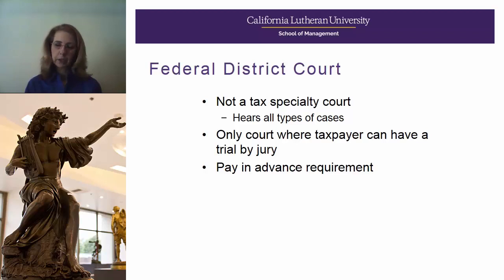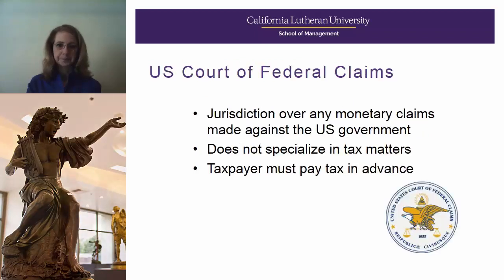So if your tax attorney feels that that is something that would be advantageous to the case, then maybe district court would be the way to go. In addition, because this is geographic, if there's a history in your district of the courts favoring the taxpayer's position, that might be another reason to go to federal district court.